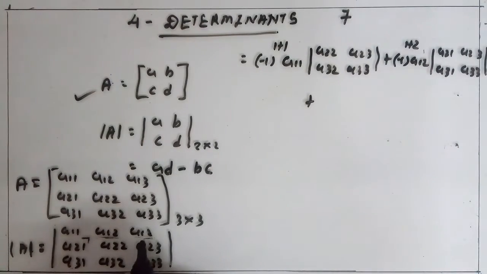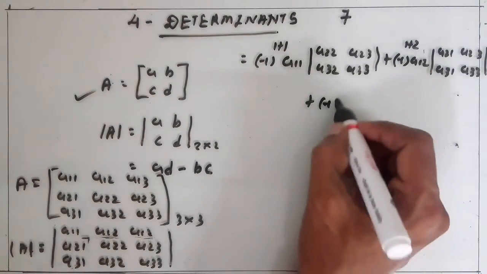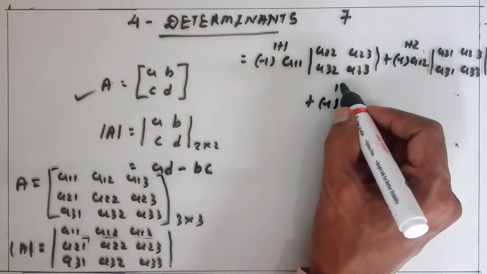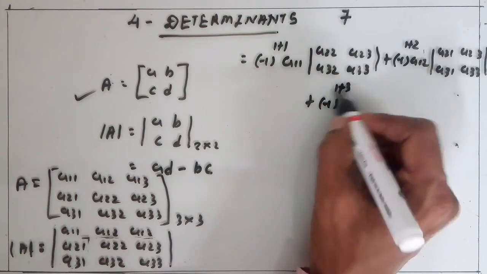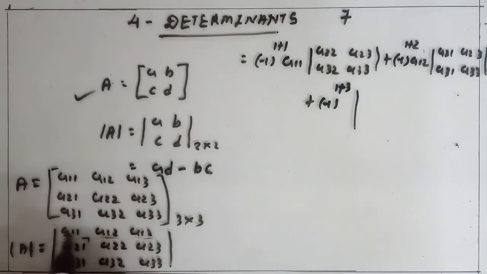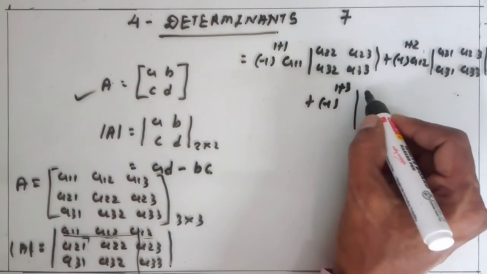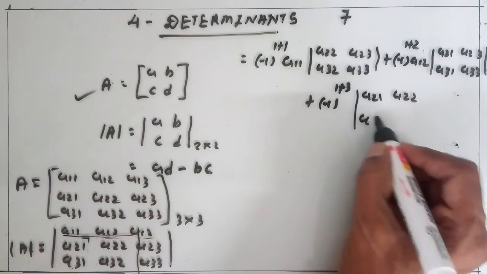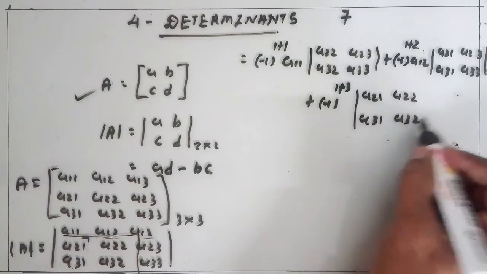Plus, for the last entry of the first row, A13 lies in the first row and the third column, so -1 raised to 1 plus 3 into, remove this row and column, using the remaining entries get the determinant A21, A22, A31, A32.